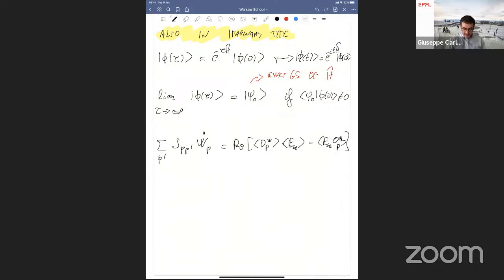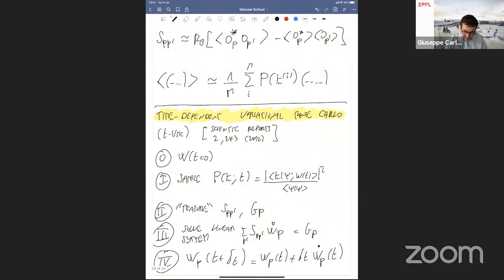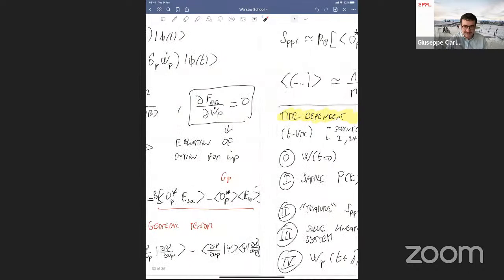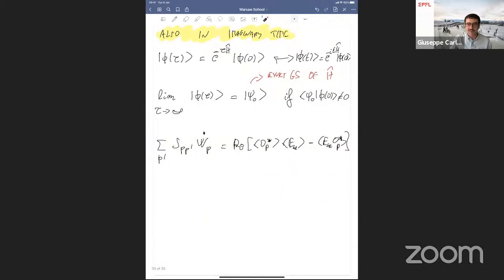Okay. So if you see the formal difference with respect to this case is that here essentially we had an I and the minus of difference here. But I mean, it's almost the same with, of course, the very important difference that these variational dynamics will follow the non-unitary imaginary time evolution.